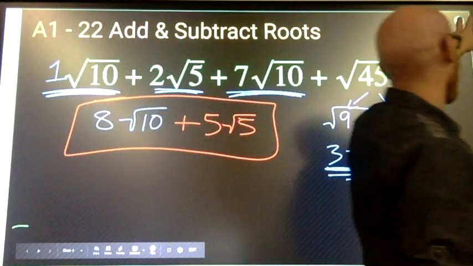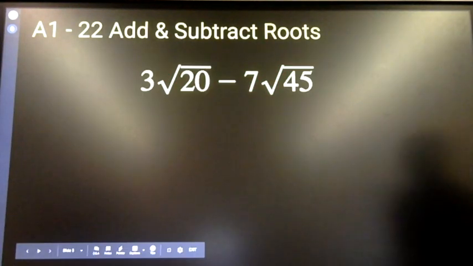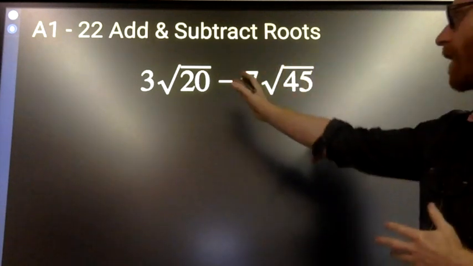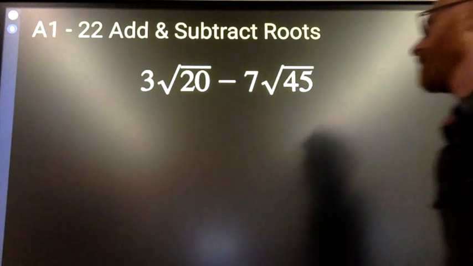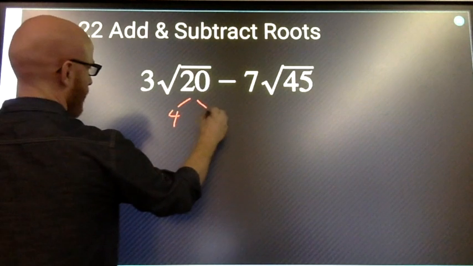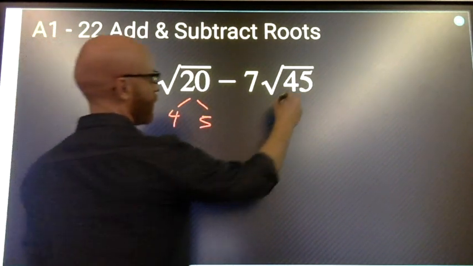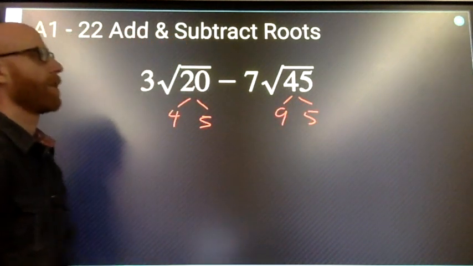So looking at some more with hidden common factors, at first it looks like we can't do anything with this. We can't combine them because they don't have a common square root component. However, 20 breaks down into 4 times 5. 4 is a perfect square. 45 breaks down into 9 times 5. 9 is a perfect square.